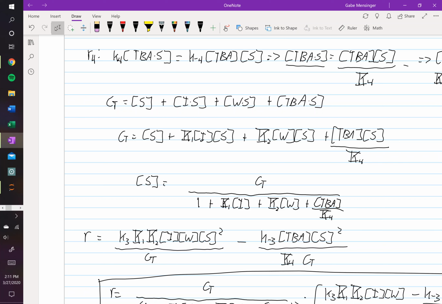And by doing a site balance, that helps you. That's one way of helping to get rid of these terms.